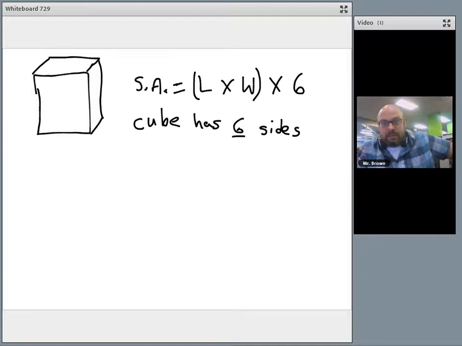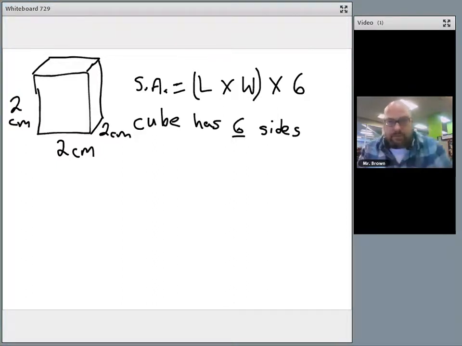So a cube has 6 equal sides. You take your length and your width. Let's say everything on this cube is 2 centimeters. It doesn't look even, it looks like a paper grocery bag, but let's pretend everything's even.